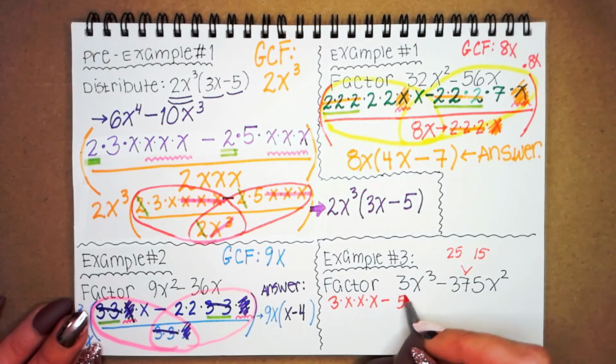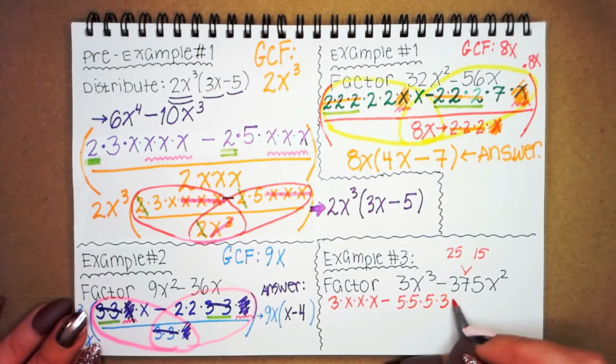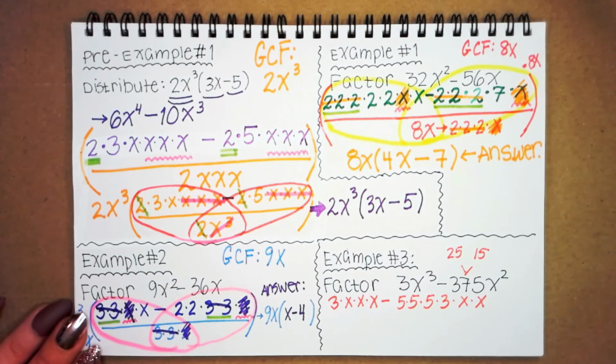25 is 5 times 5. 15 is 5 times 3. And x squared is x times x. What is the greatest common factor? They both have a 3 as the largest part of the coefficient that they can both contribute, and they both can contribute an x times x.